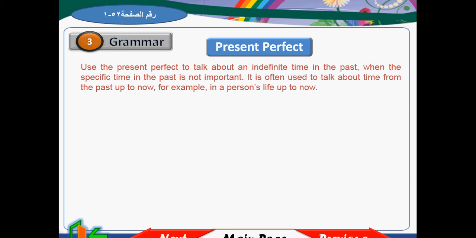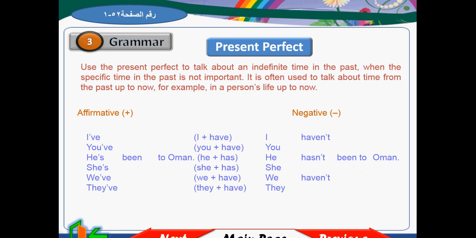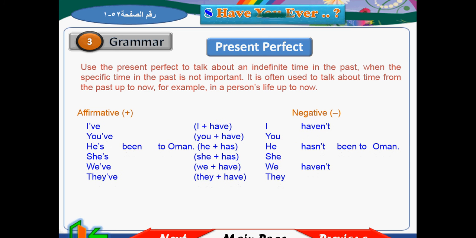Let's look at the form of the present perfect tense, what it looks like. Here we have some examples, affirmative sentences. I have been to Oman. You've been to Oman. Or you can say we've been to Oman, they have been to Oman.